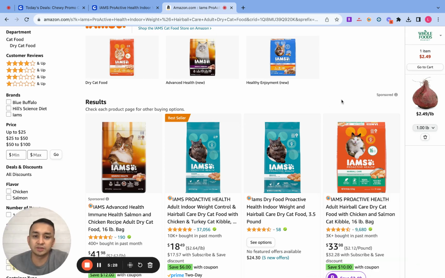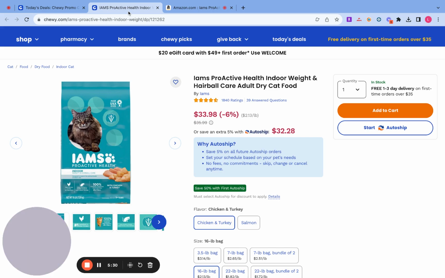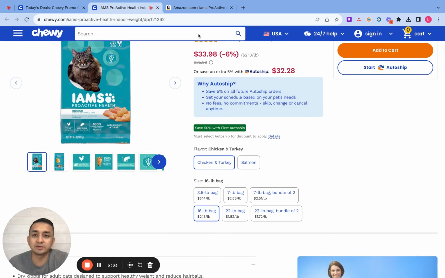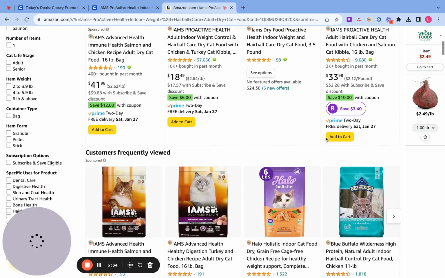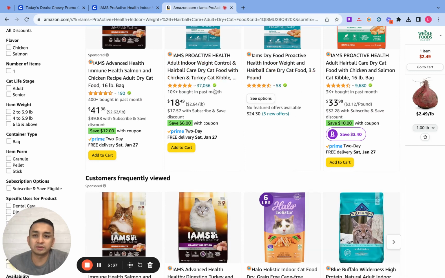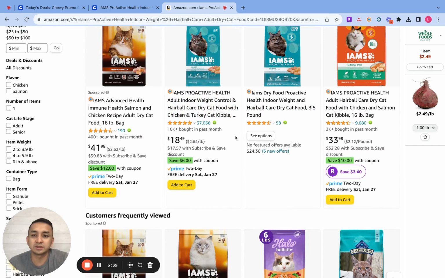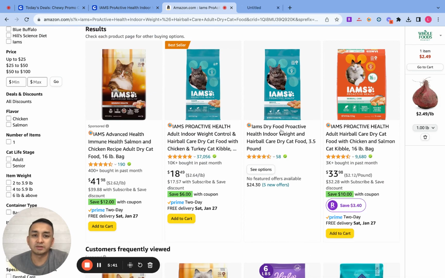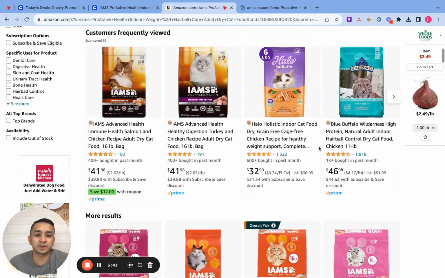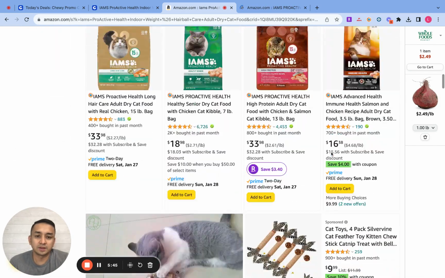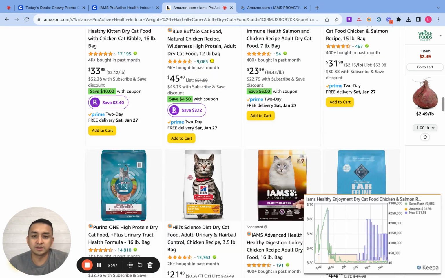So let's see, is this the one? This one is 16 pounds. This one is 3.5 pounds. Check it out.